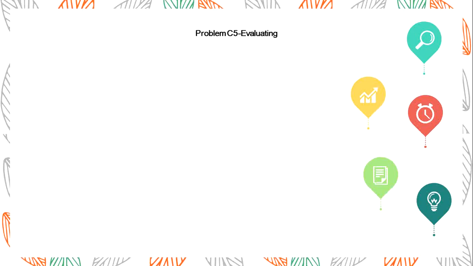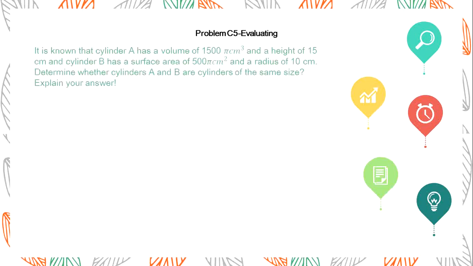Okay, the next is problem cognitive 5, evaluating. The example question of this cognitive is, it is known that cylinder A has a volume of 1,500π centimeter cubed and a height of 15 centimeters, and cylinder B has a surface area of 500π centimeter squared and a radius of 10 centimeters.